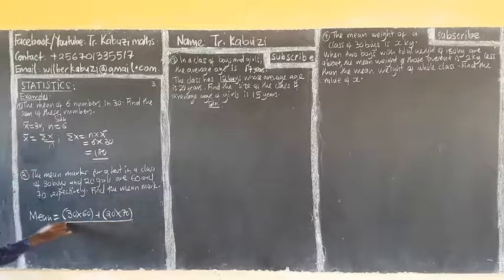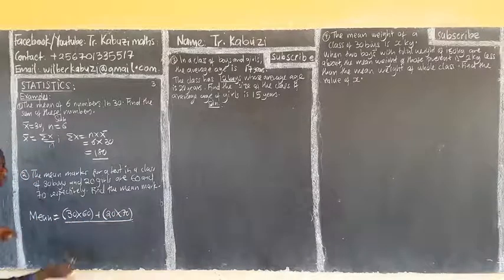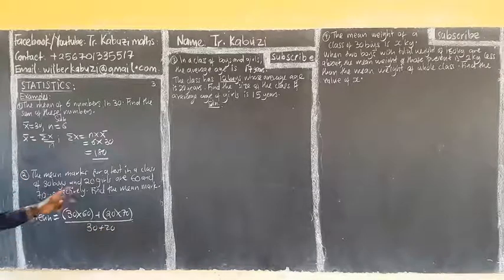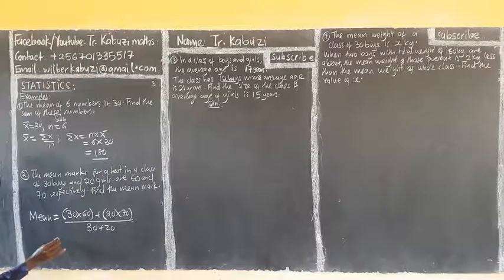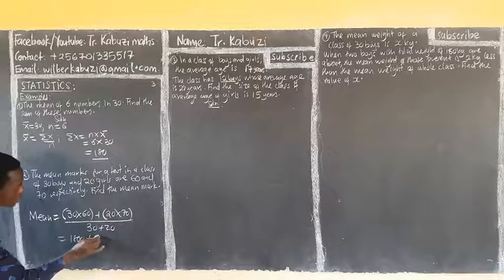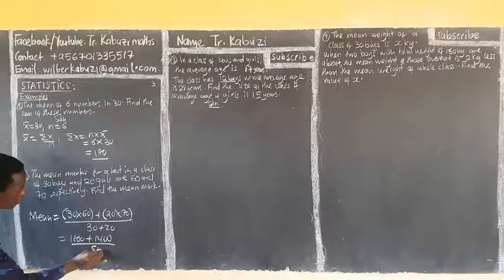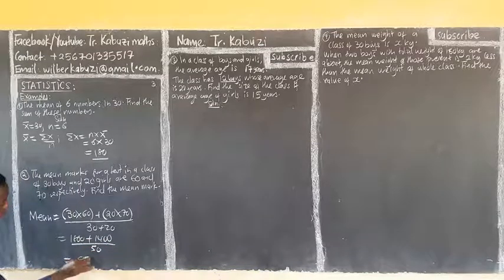Then we divide by the total number of students, which is 30 plus 20, the boys plus the girls. This will be 1800 plus 1400, the whole over 50, and the answer here I'm going to get is 64.